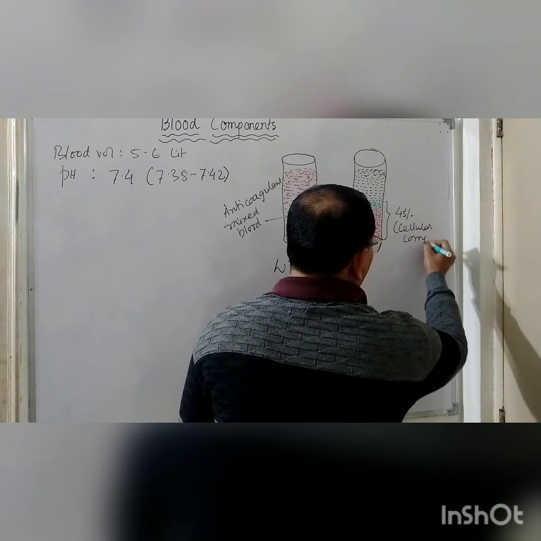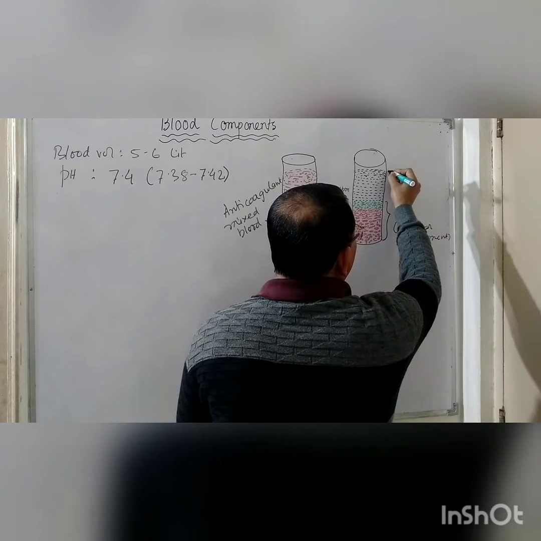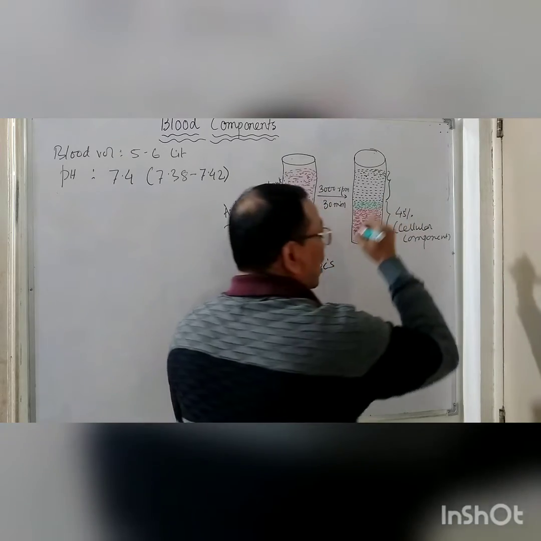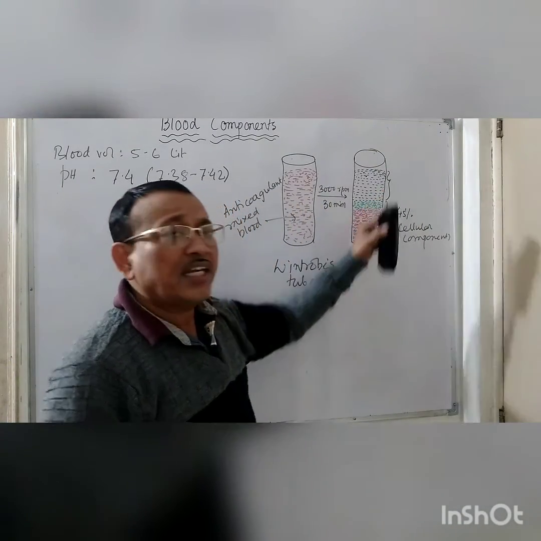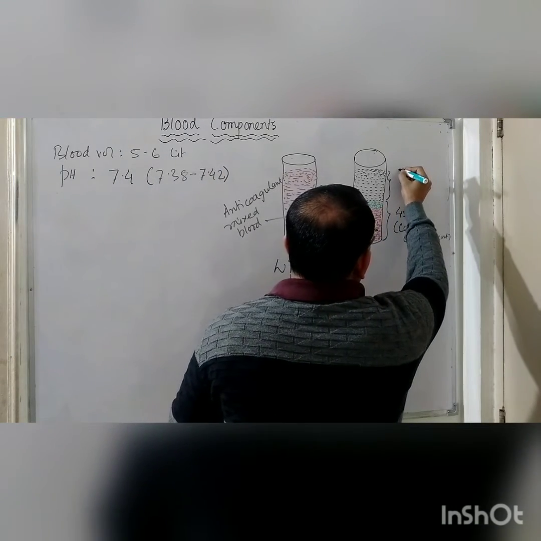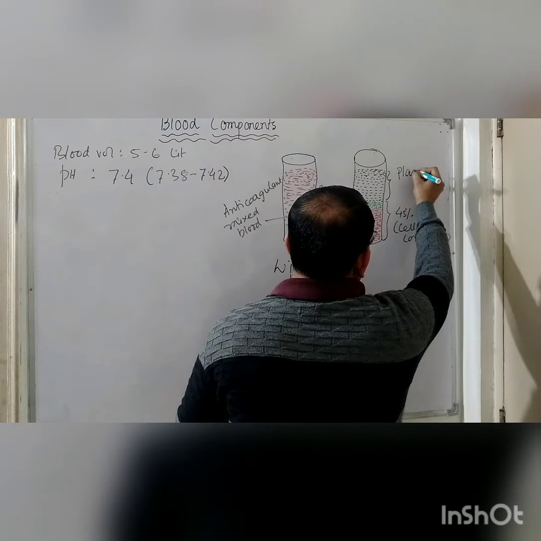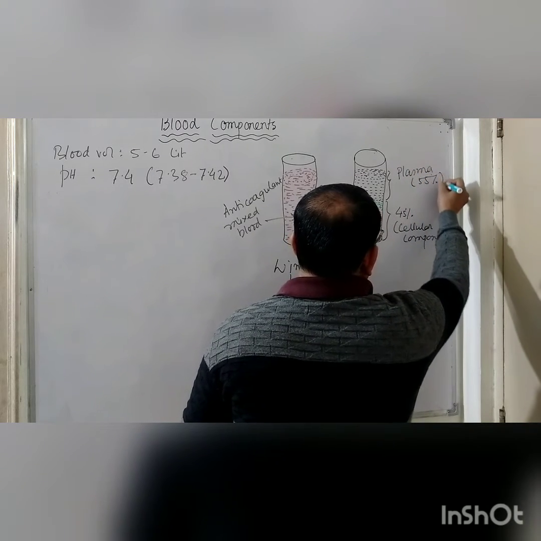And the clear supernatant, straw yellow in color, will be present in the upper part of the tube, which is known as the fluidic part, also known as the plasma. So this is around 55% plasma.